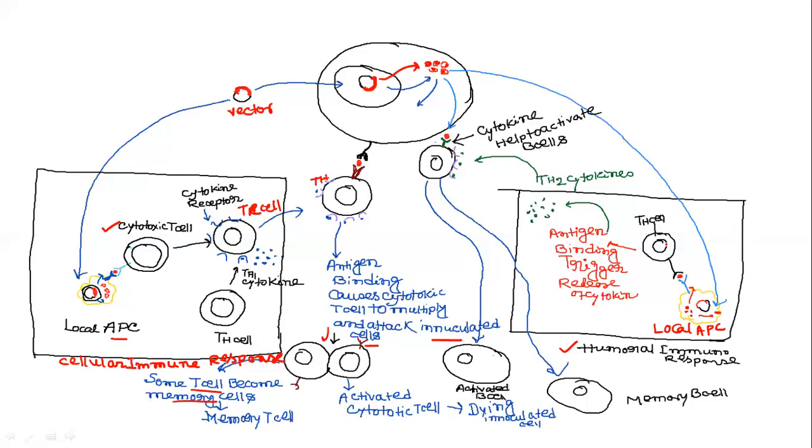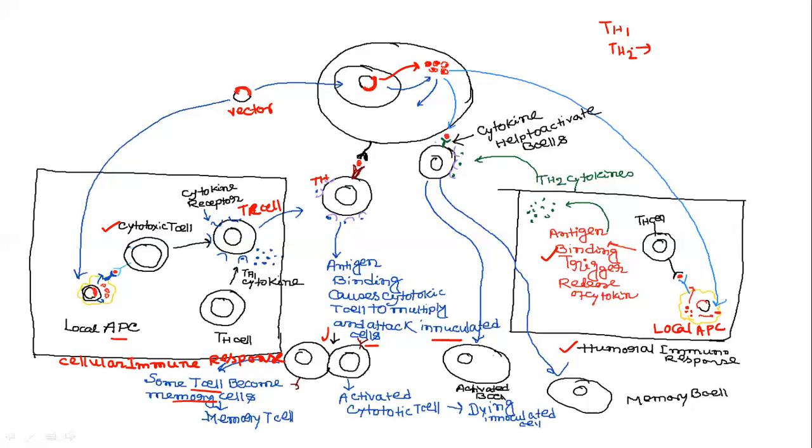So with the antigen, a Th cell will be activated, and after Th cell activation, antigen binding triggers the release of cytokines. These cytokines are known as Th2 type cytokines. We know that there are two types of cytokines, Th1 cytokine and Th2 cytokine. Generally, Th2 cytokine leads to immunological suppression, right? And Th1 is actually a pro-inflammatory cytokine.